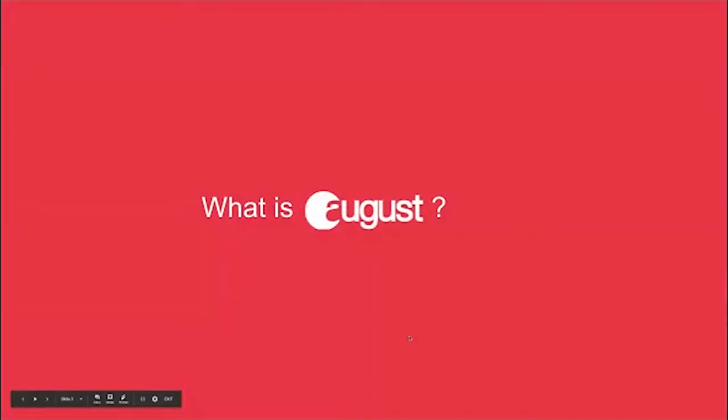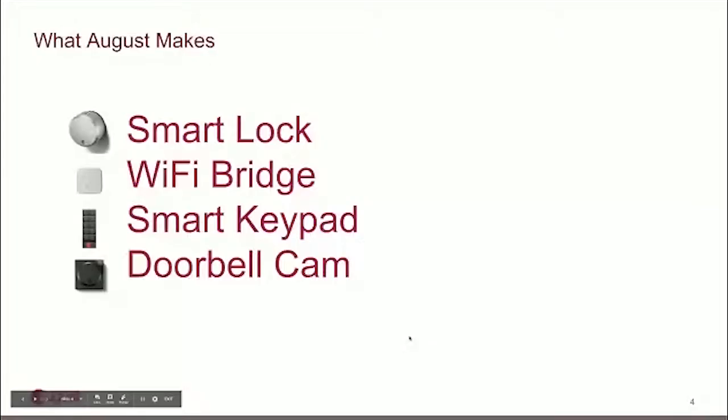So first off, what is August? Actually, 3 years ago yesterday, we launched the August Smart Lock. And that was our only product. It worked with mobile phones. And to the extent that it was an Internet of Things thing, that was done through backhauling data from the phone. A few months after that, in February 2015, we launched our Wi-Fi bridge.